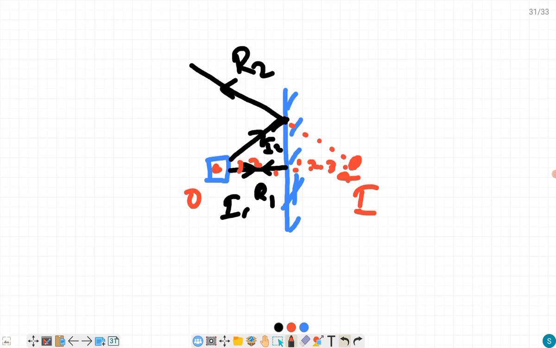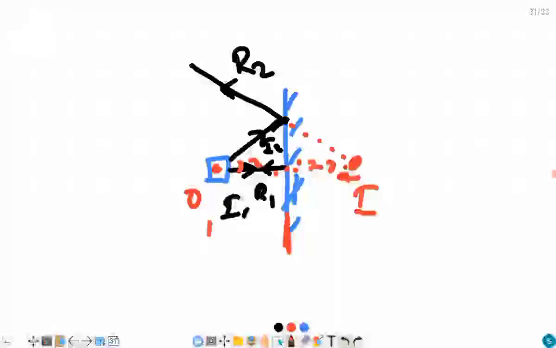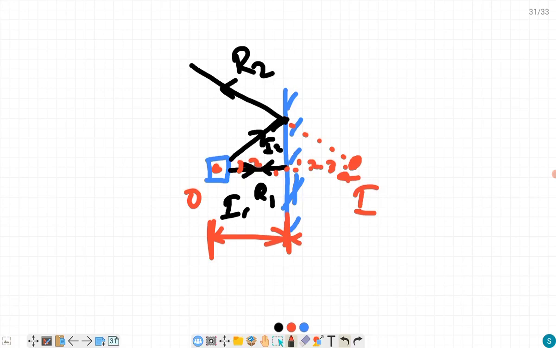Now from the mirror to the object, if you measure this distance, and from the mirror to the image, these distances will be equal.